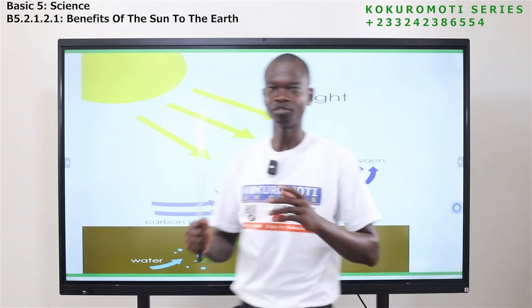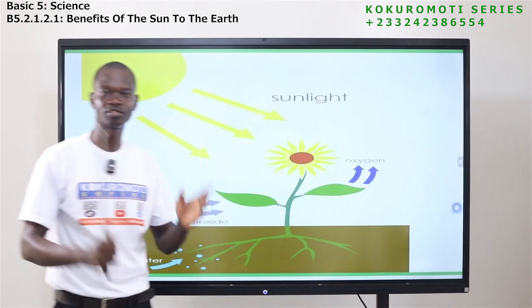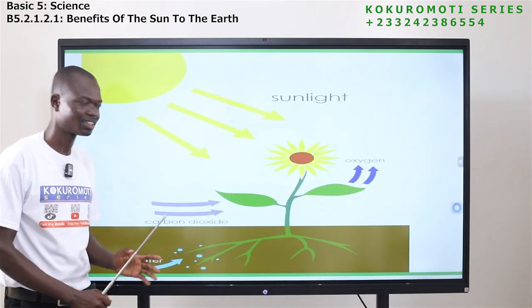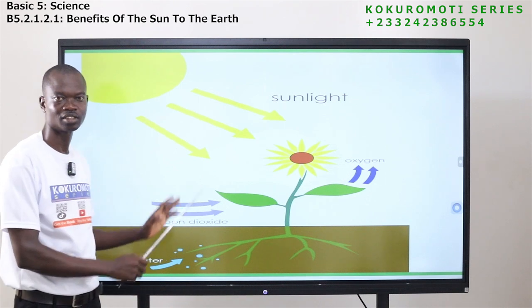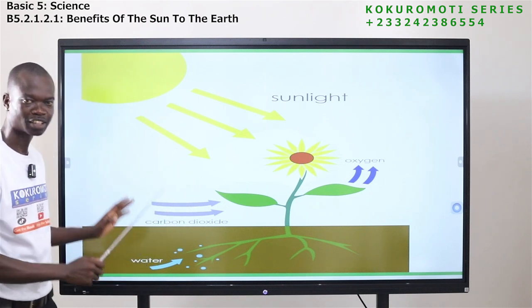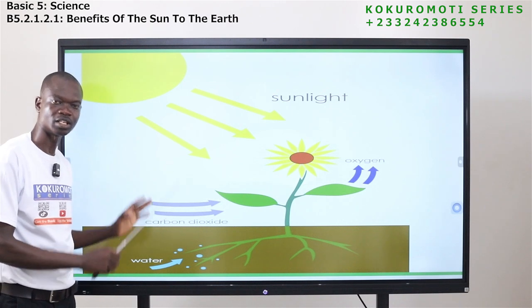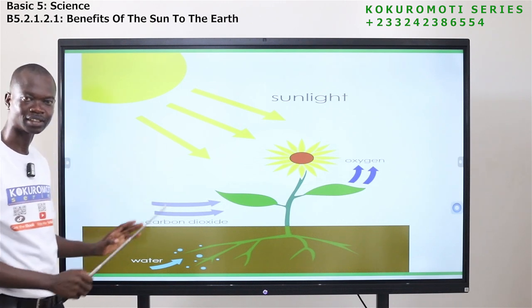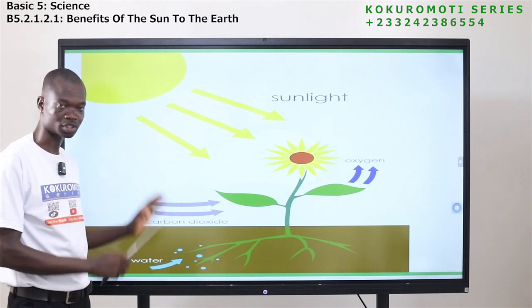Now, if you hear about photosynthesis, this is how photosynthesis looks. How plants prepare their own food. The process by which plants prepare their own food is called photosynthesis.